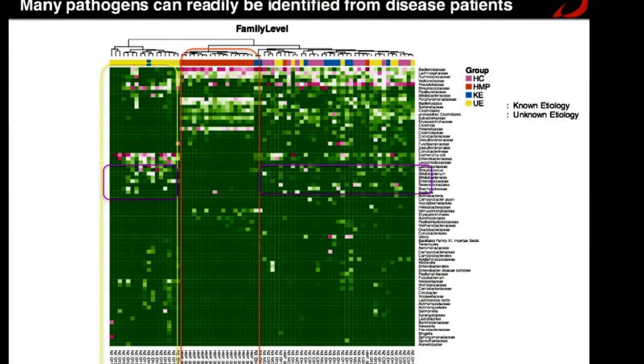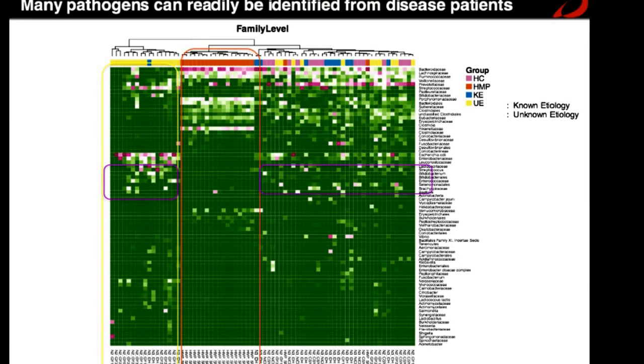Now, by being able to identify the pathogens very specifically, it's useful to point out that this lot here is the Human Microbiome Program, the NIH data set, and this is the unknown etiology.